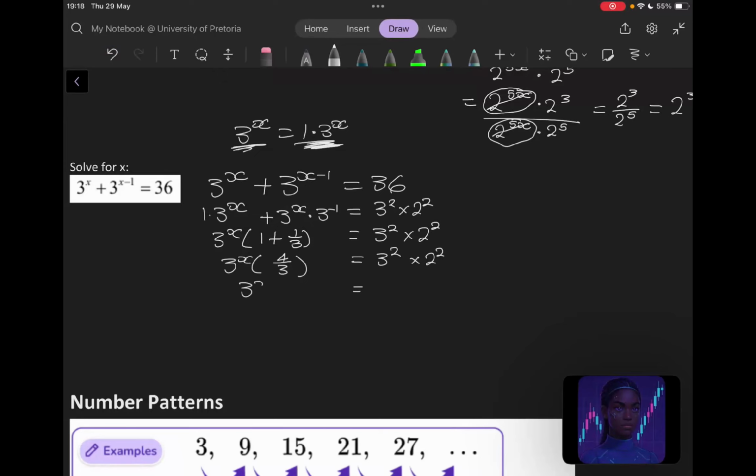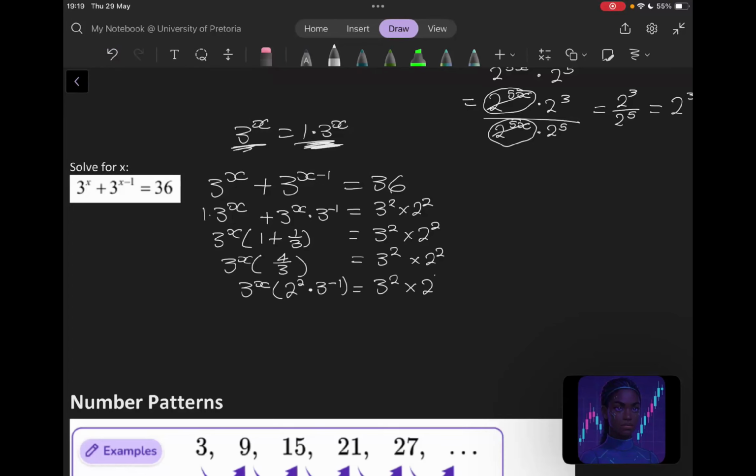We have 3 to the power of x, right? Multiplied by 4, which is 2 to the power of 2, right? And then, because it's divided by 3, we can still write it as 3 to the power of -1, right?